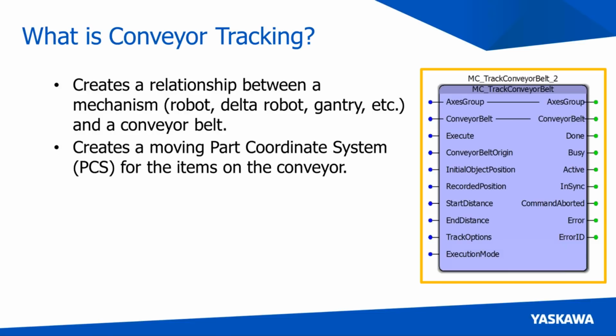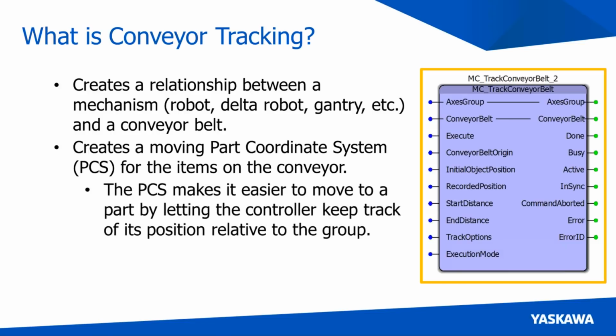You're going to hear a lot of acronyms during this, and we'll try to make sure that they stay straight in your mind, but a part coordinate system, or PCS, for the items on the conveyor. This PCS makes it easier to move to a part by letting the controller keep track of its position relative to the group. Again, we're going to be talking about all of this stuff more in depth as we go.